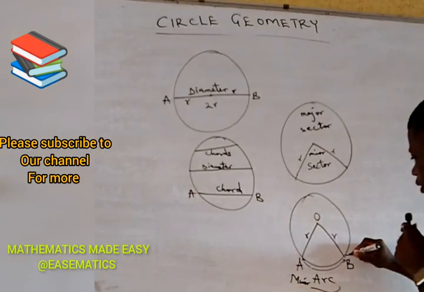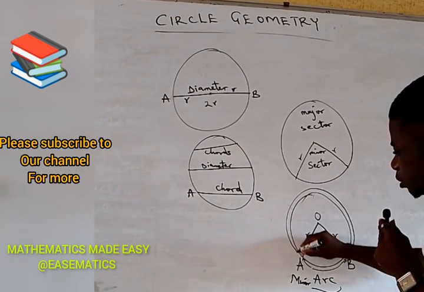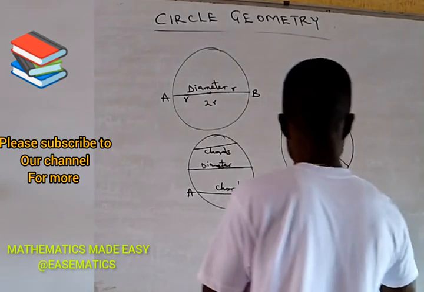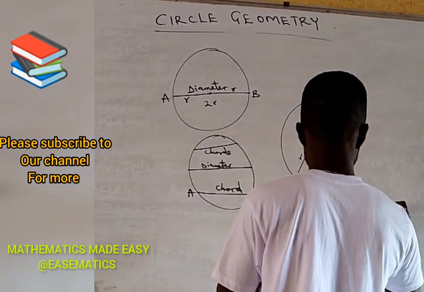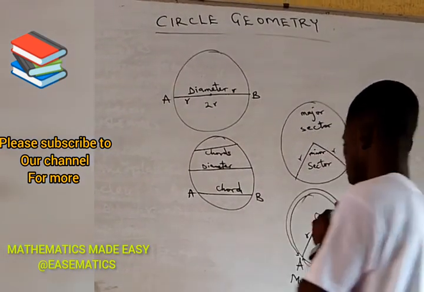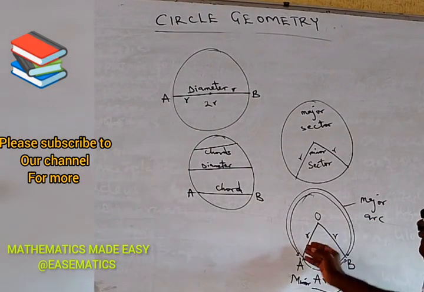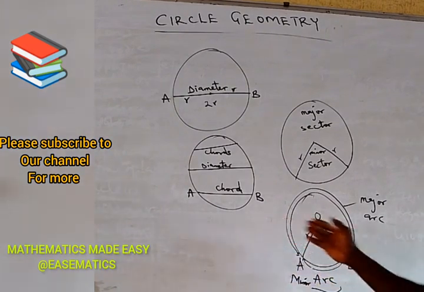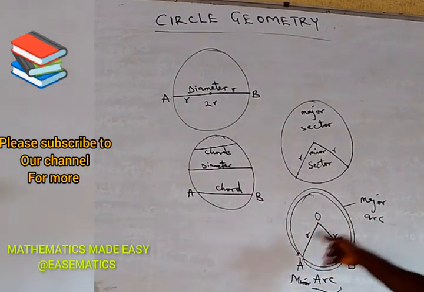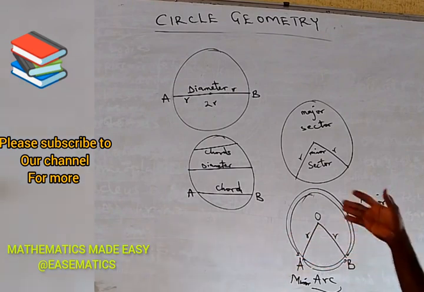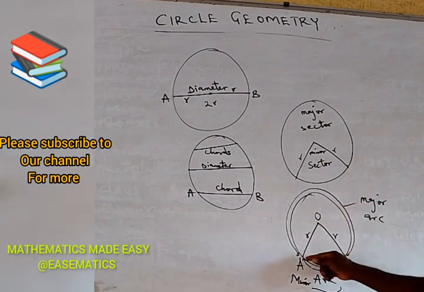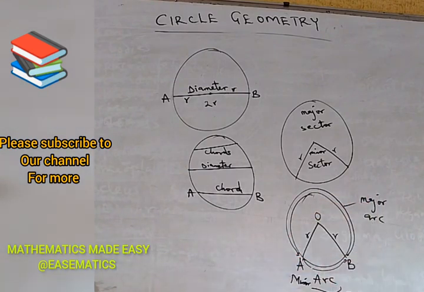And the larger part running from here to here, we call the major arc. This is the major arc of this circle. So the arc is just an outer part cut out when two radii join at different points on the circumference.